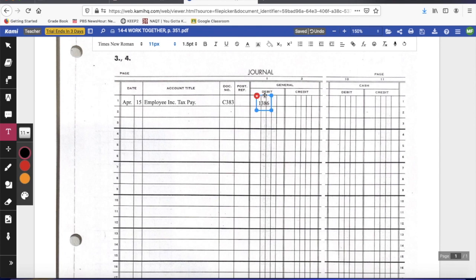That's a little difficult on here. Just make sure that it lines up correctly. Since I'm using Kami, it's kind of hard to do it this way.